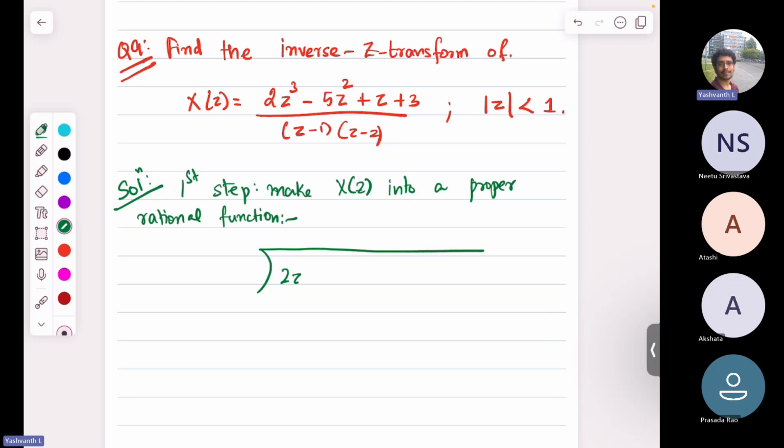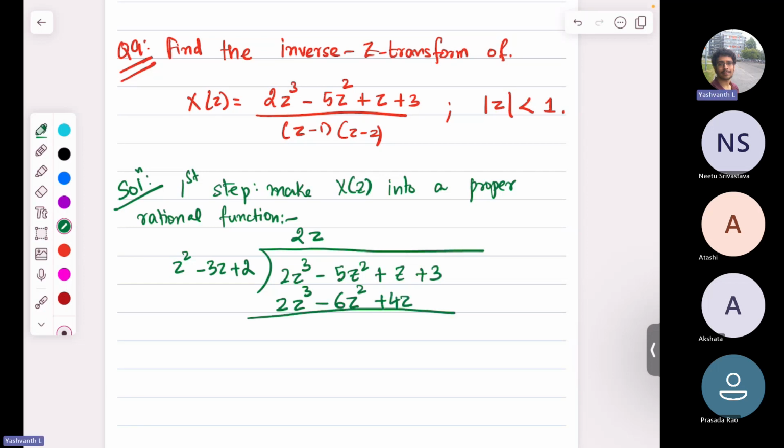2z cube minus 5z square plus z plus 3 divided by z square minus 3z plus 2. So you have 2z, then 2z cube minus 6z square plus 4z. Then subtract both. You get z square minus 3z plus 3.